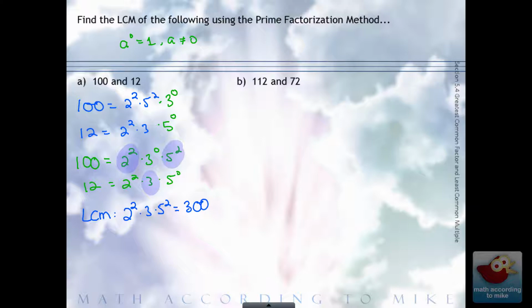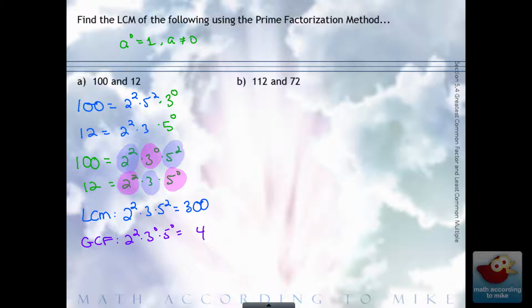Notice, the remaining ones that we didn't highlight, now highlighted in pink, would be the GCF. So for the GCF, you'd say 2 squared times 3 to the 0 times 5 to the 0, which is just 4. So this method, the prime factorization method, does knock out both cases, the GCF and the LCM.